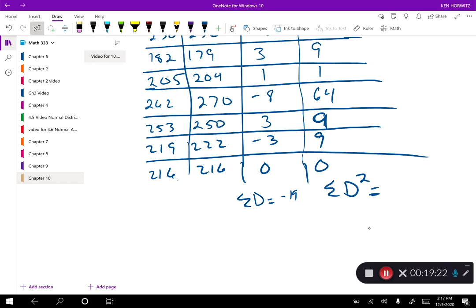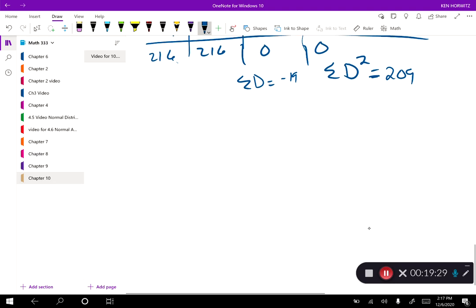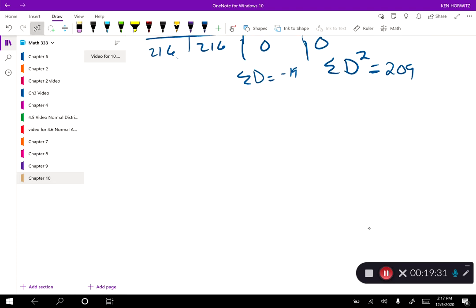I got a number of 209. We're going to need both numbers because what we need is our D bar for our formula. It's the sum of our D's divided by our sample size. So take -19 divided by 8, and I get -2.375.